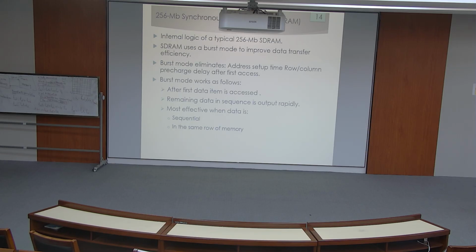We have a first data item which is accessed, and the remaining data has to be returned in less time. Once the first data item is returned, it is quite easy for the system to return the next sequence of the data. So it is more effective when we have sequential data, a very big block of data that needs to be returned in sequential order.